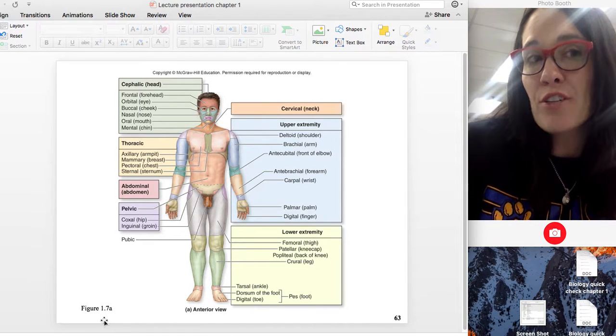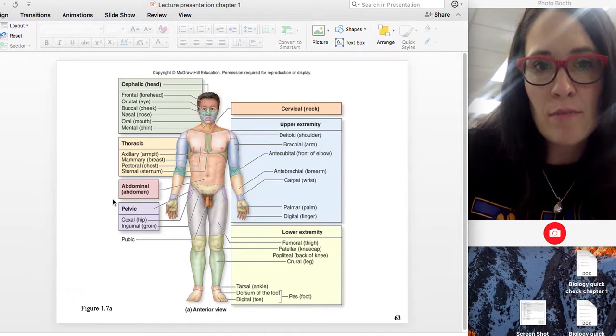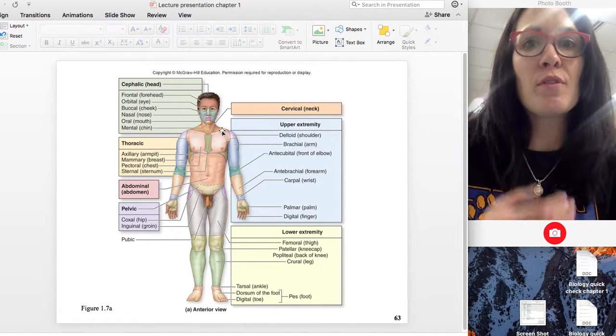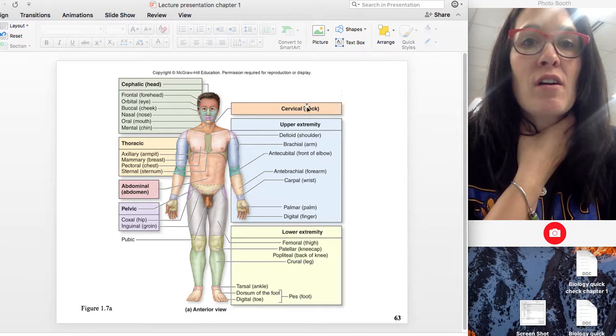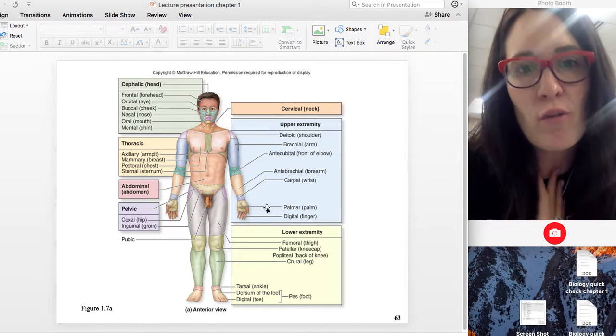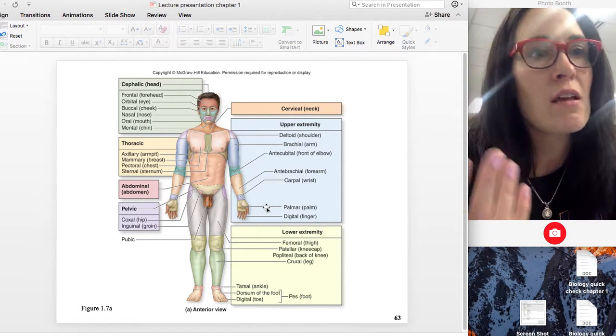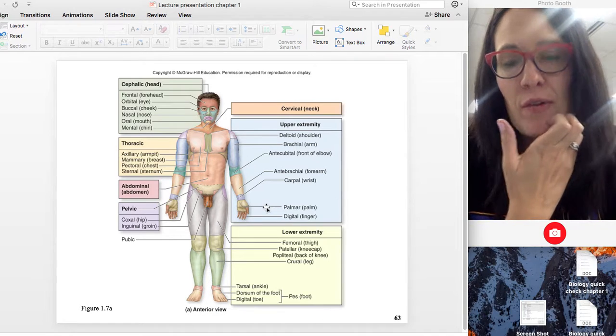So, regional terminology: the parts of the body have regional names. For example, you can see here, your neck region is called your cervical region. It's really important to know these regional names, especially when we get to the names of bones, muscles, and lymph nodes.